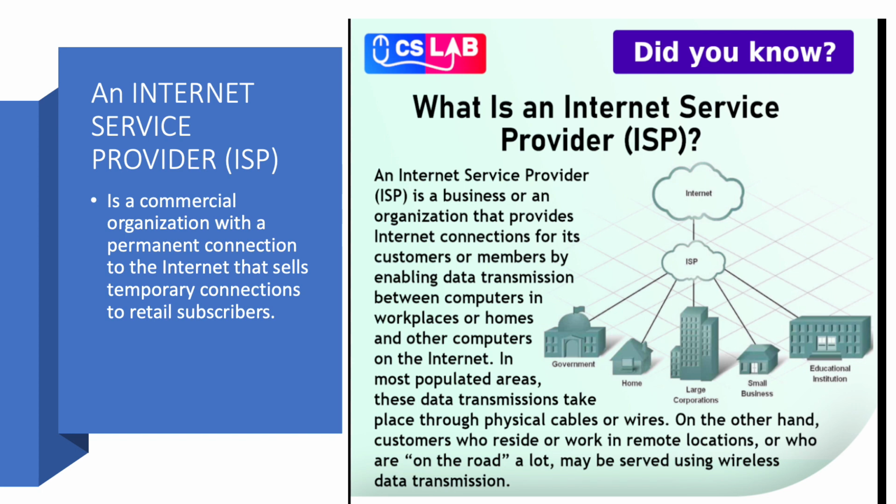It is a business or organization that provides internet connections for its customers or members by enabling data transmission between computers in workplaces or homes and other computers on the internet. Examples of these are Smart, Globe, AT&T, and many more.